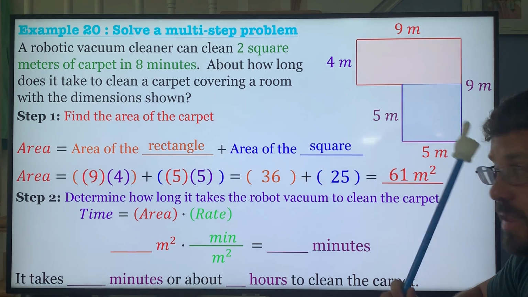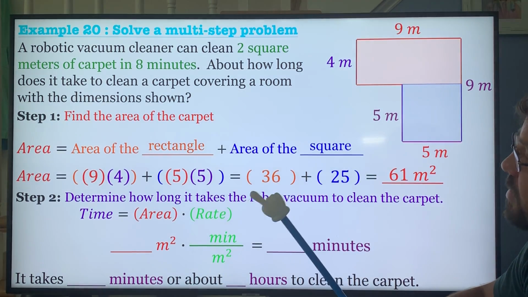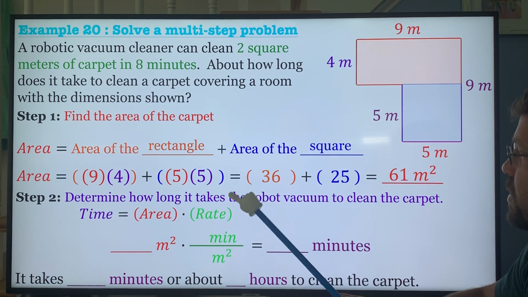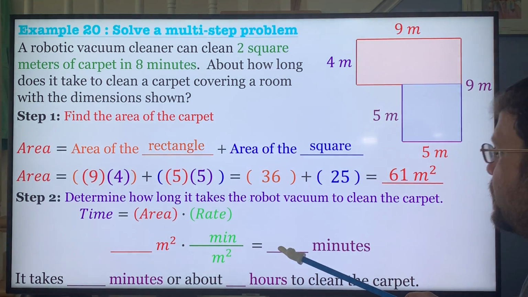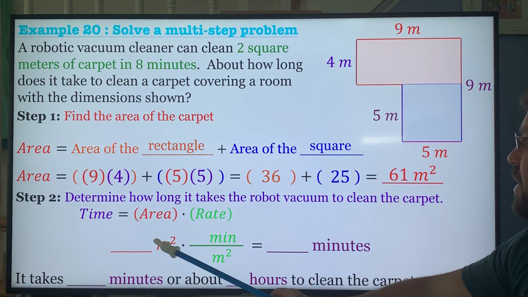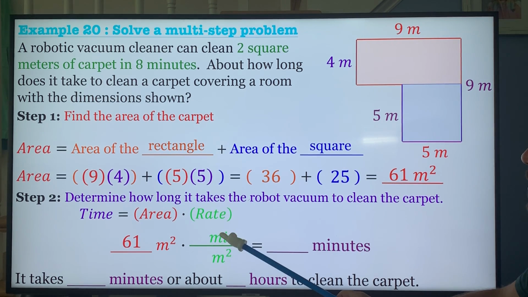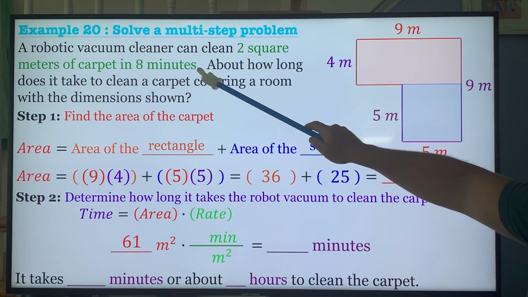Now, you should know that time is area times rate. So the amount of time is how long? We don't know. What don't we know? What are we looking for? How long it takes. So we're looking for time. So it's going to equal some type of minutes. So what's our area? 61. And our rate is how many minutes per meter squared? 2 square meters in 8 minutes.